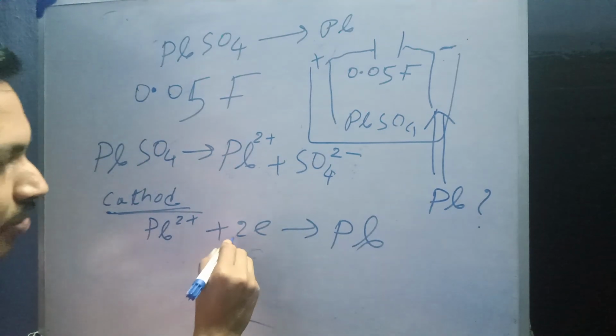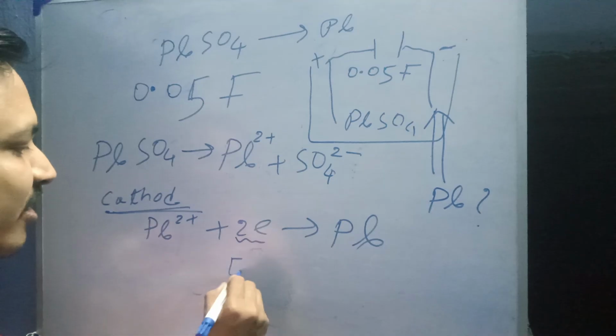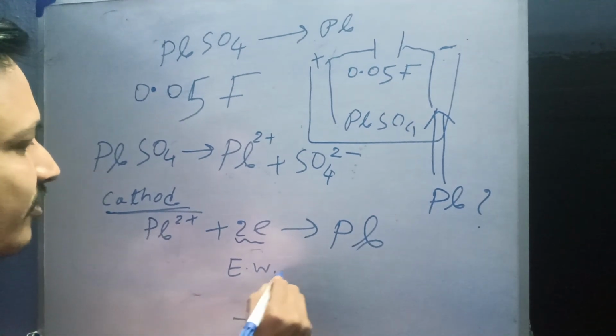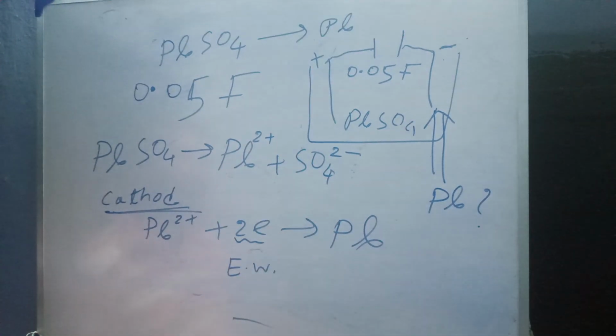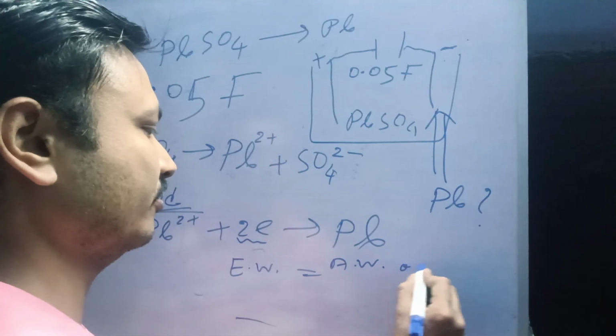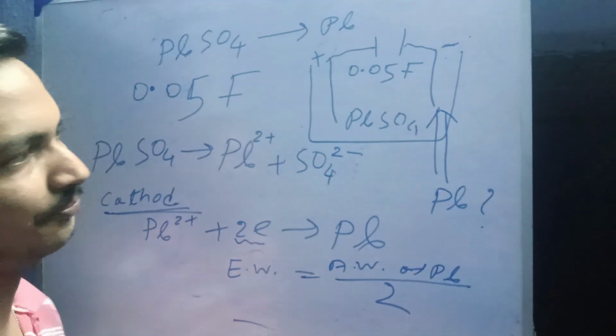So the number of electrons transferred is 2, hence the equivalent weight of lead is atomic weight of lead by 2.